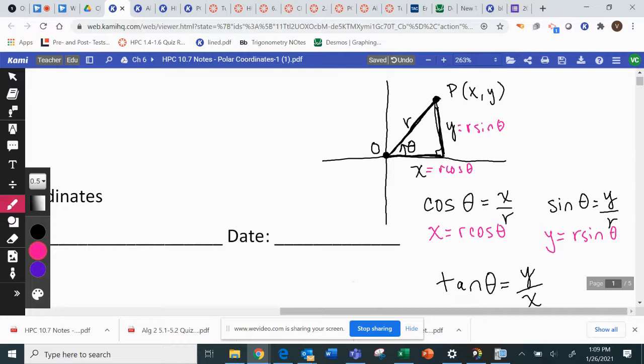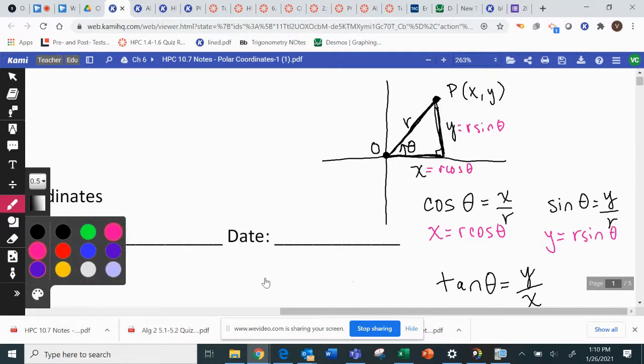Okay, now I'm going to take this picture and I'm going to overlay it with polar. So what polar is, it's a different set of axes. So we were just doing the real axis and the imaginary axis. That's different than the x-axis and the y-axis. So now we're going to do a third completely different axes. It's going to look just like the x and y-axis, but we're going to call them two different things.